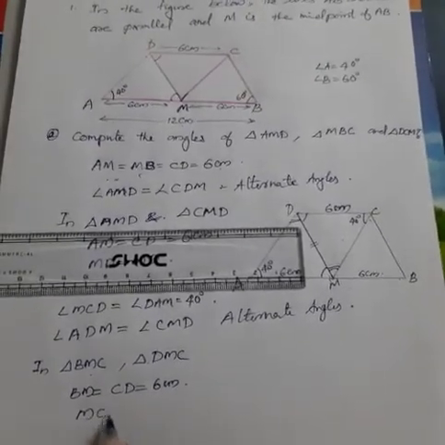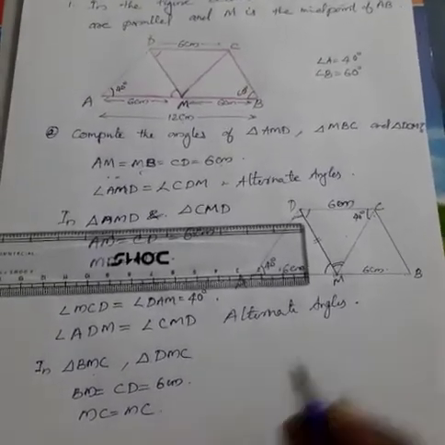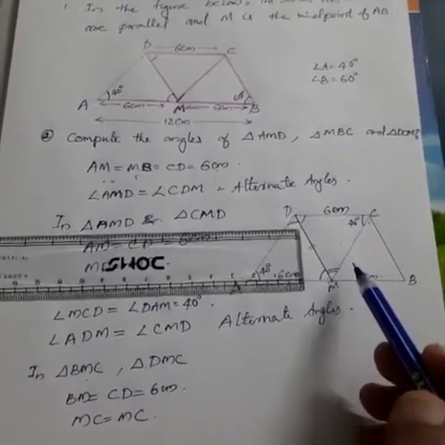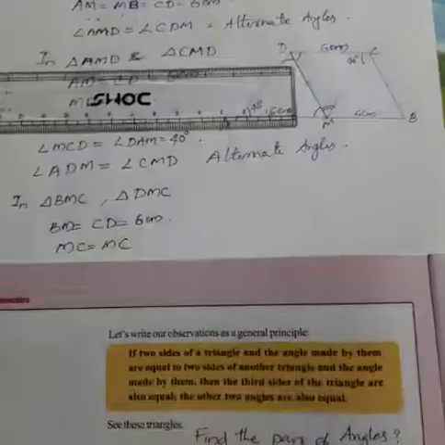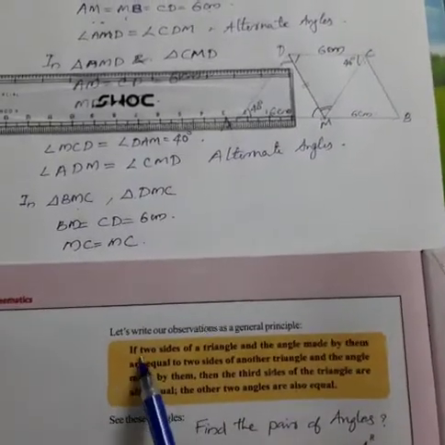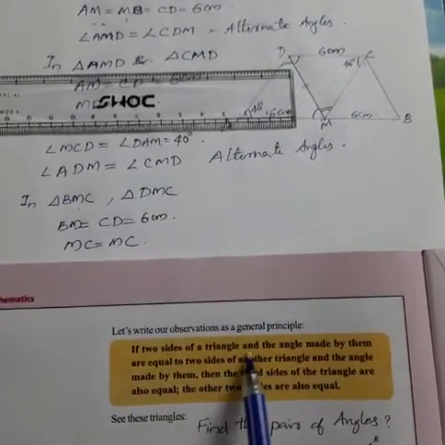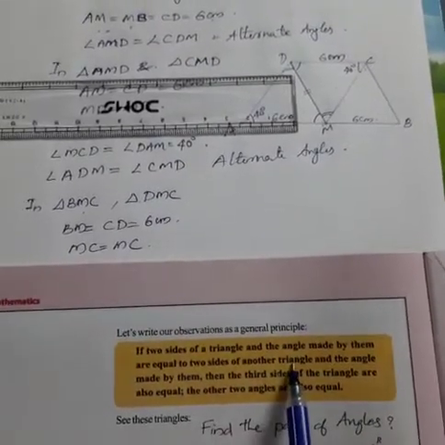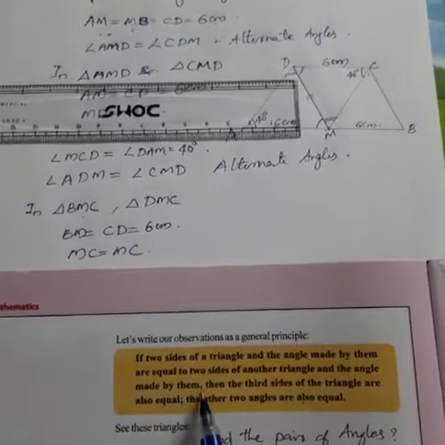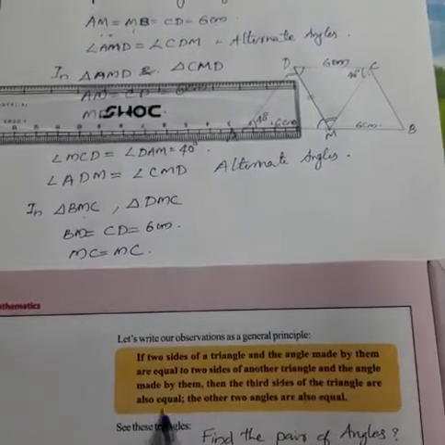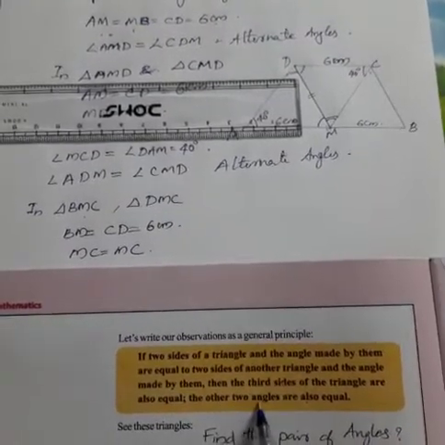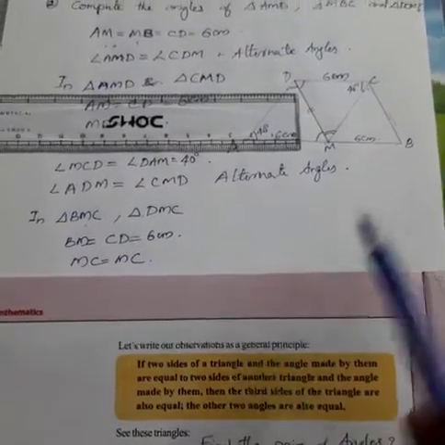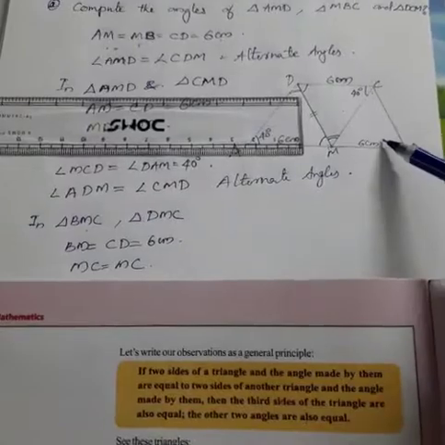So MC is equal to MC for both the triangles. Here also, if two sides of a triangle and the angle made by them are equal to two sides of another triangle, the angle made by them and the third side of the triangle are also equal, and the other two angles are also equal. Using this, you have to write the other two angles.